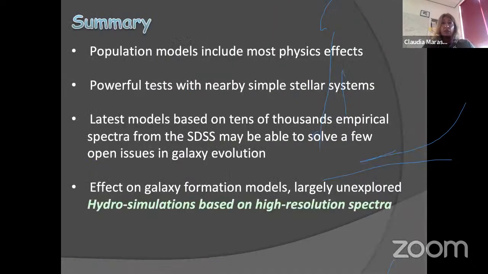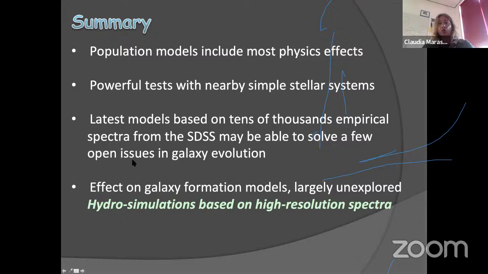So I'm happy to close my talk with a very little summary. I hope I showed you that by 2022, we have most physical effects included in the model, not all of them, but most of them. I also showed you that we need to test our model with nearby simple stellar systems first before trying to match them to complicated galaxies in which a lot of degeneracy takes place.